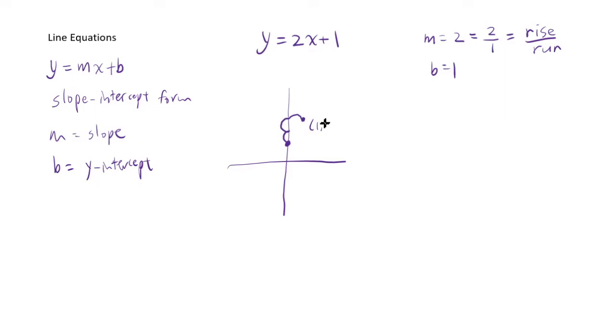So this point 1 comma 3 is 2 steps up and 1 step right from the point 0 comma 1. Connecting these points gives you the graph of the entire line. If you plot more points and slowly come up with a table, eventually you're going to get this line.